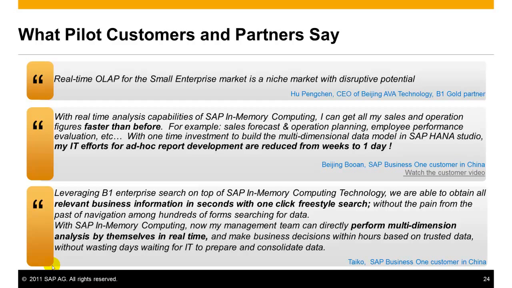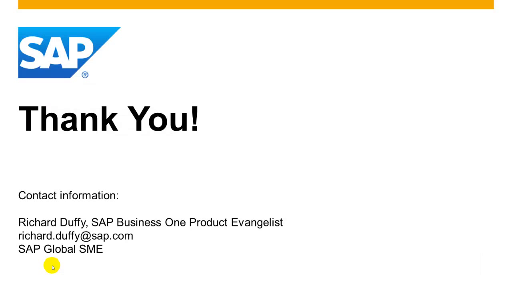Utilizing the in-memory computing technology, they're able to get the relevant business information in seconds with that one-click freestyle search. And they're able to do that without the pain of, if you like, the past process of navigating amongst hundreds of forms searching for data. And that's not just with SAP Business One. That is a challenge which exists with just about every ERP solution on the market today that we're solving with SAP HANA.